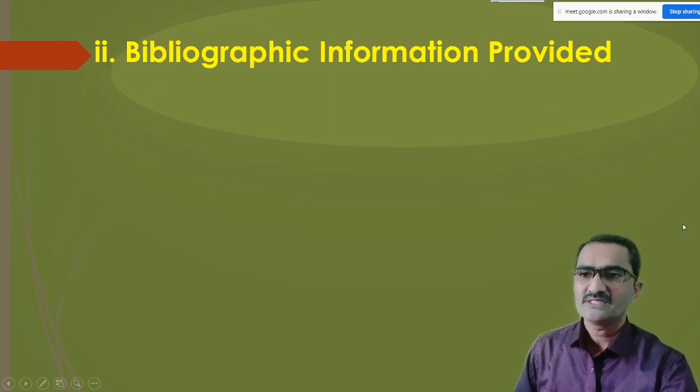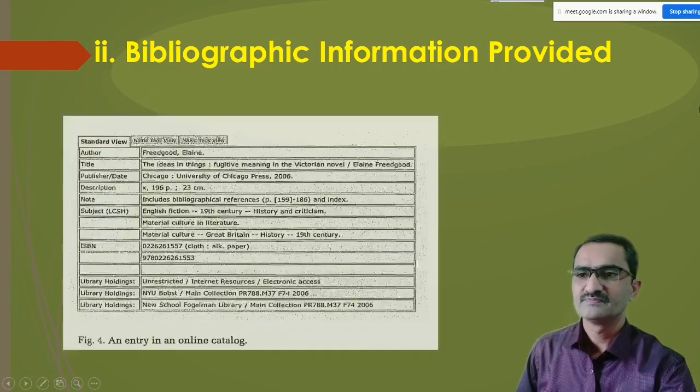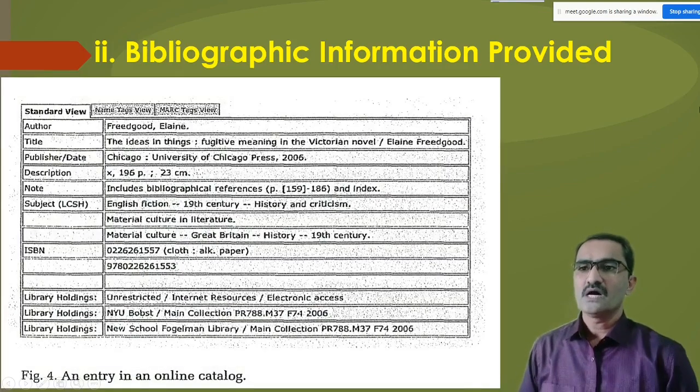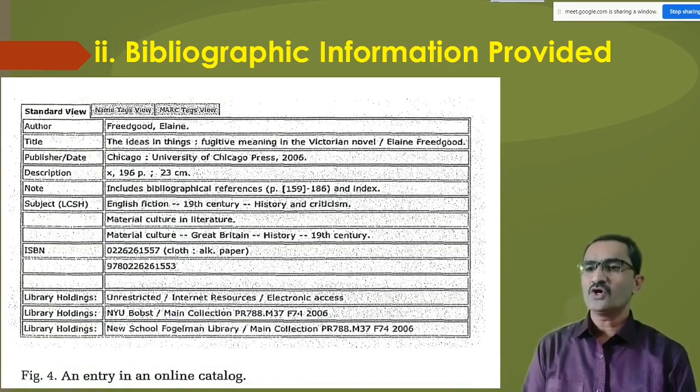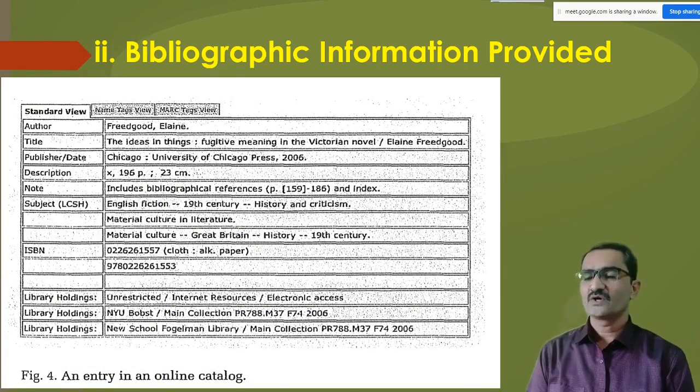We have also discussed several types of bibliographies which are maintained by some of the standard national or international libraries. So how they are actually procuring all these documents or all this information.